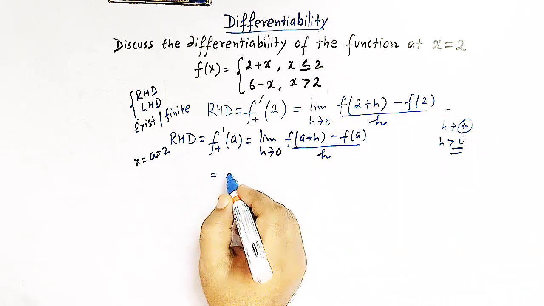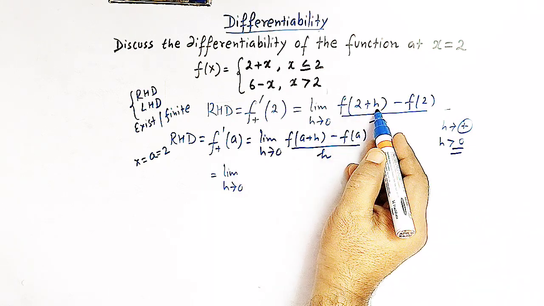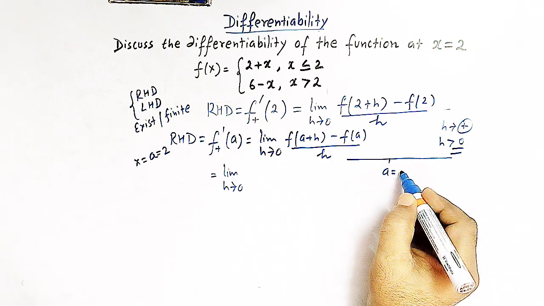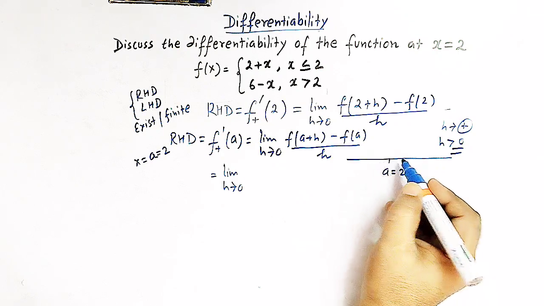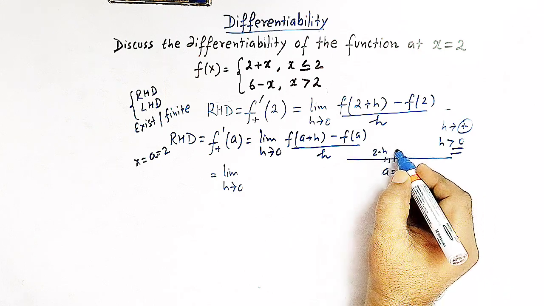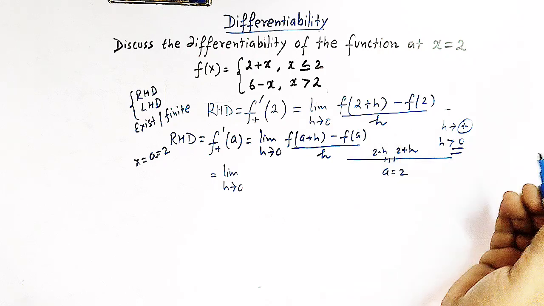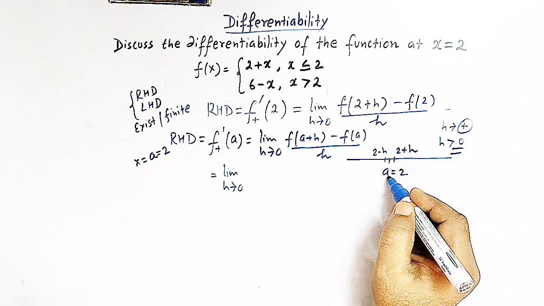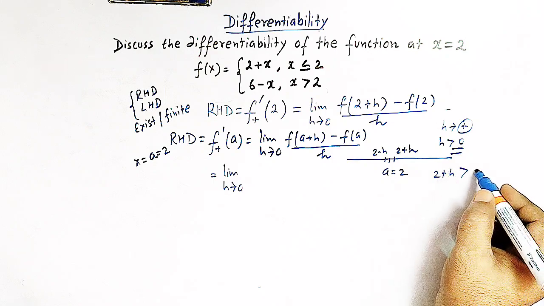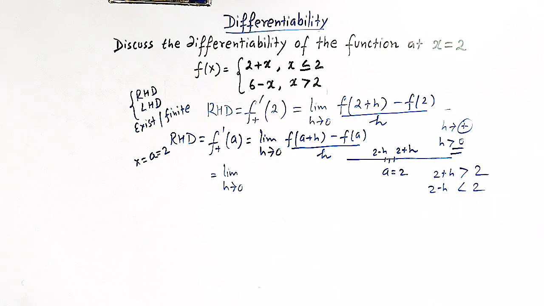So we have limit h tends to 0, f of 2 plus h. Now see, here we have a is equal to 2, and in the left neighborhood we have 2 minus h, and here we have 2 plus h, right? So all values of x which lie towards the right of a is equal to 2 are greater than 2. 2 plus h is greater than 2, and 2 minus h is less than 2, right?